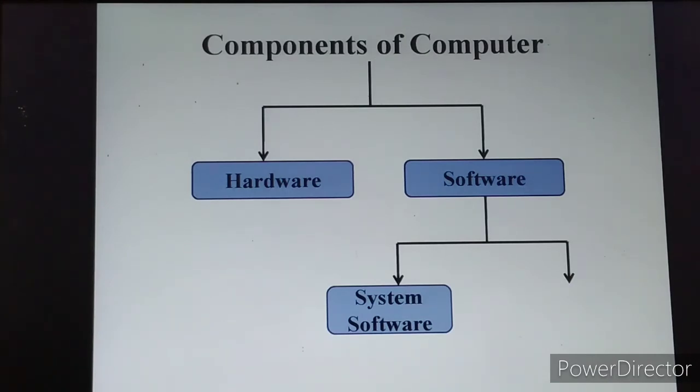It controls all the activities of the computer. It is very essential to run a computer. If there is no system software in the computer, that computer cannot run. There are different types of system software, just like Windows, Unix, Linux, etc.